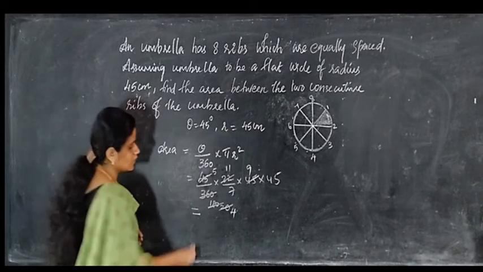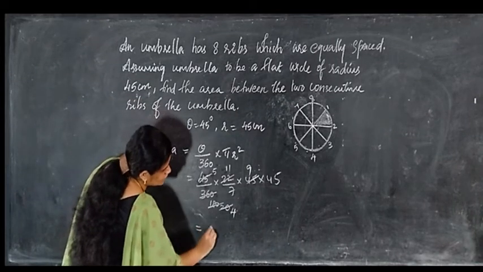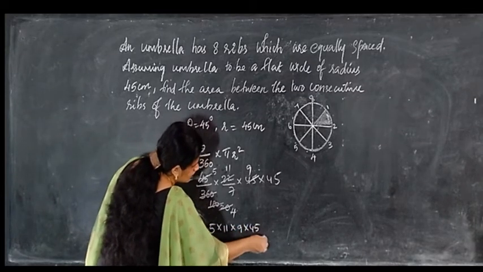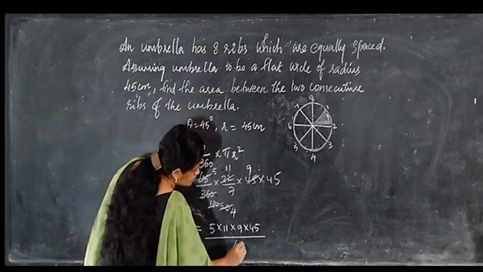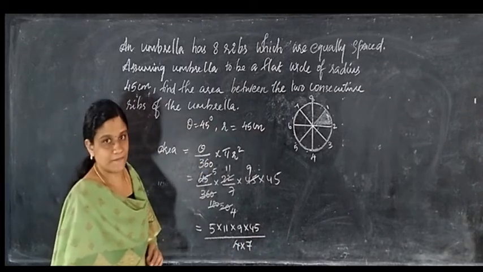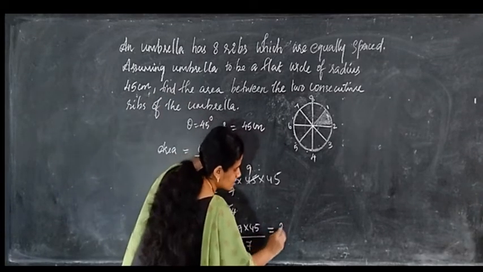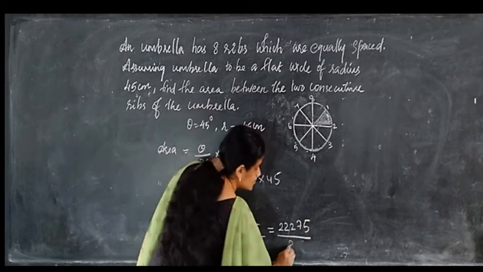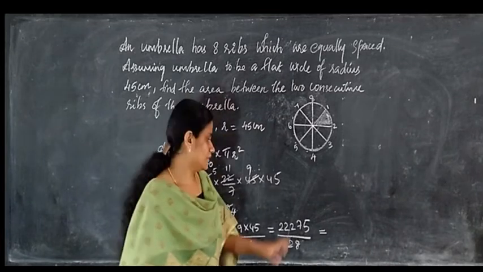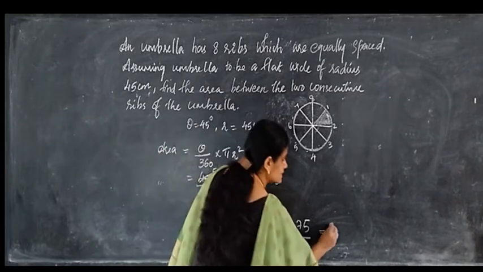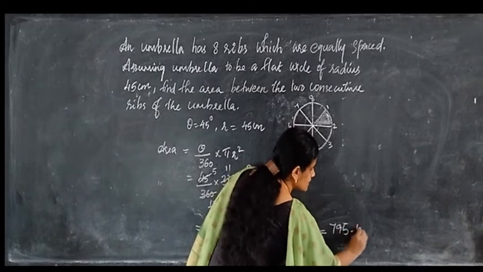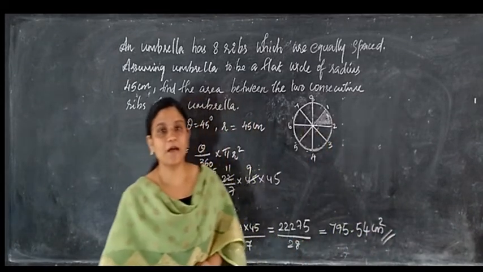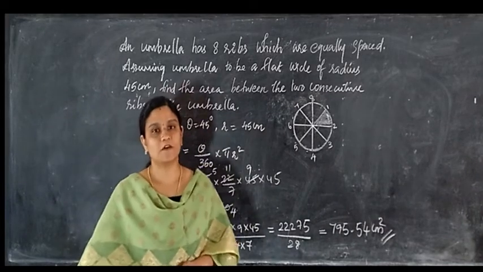So that is equal to 5 into 11 into 9 into 45 divided by 4 into 7. When we multiply the numerator, you will get 22,275 divided by 28. When we divide this, we will get 795.54 centimeters square. So this is the area between two consecutive ribs of the umbrella.